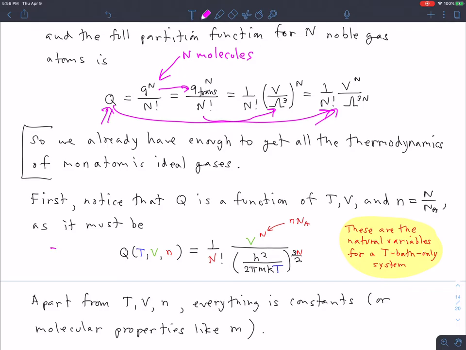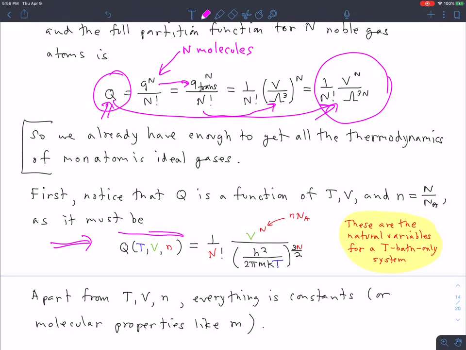First thing to point out before we go any further, let's look at the variables that this thing depends on, because those variables are going to be things that all of our thermodynamic quantities depend on too. I've said before that in general, the canonical partition function depends on temperature, volume, and mole numbers.